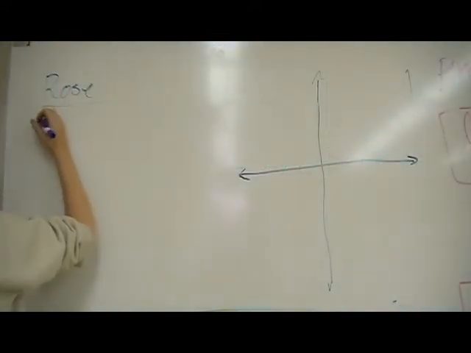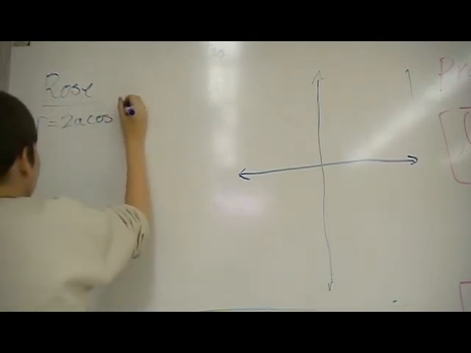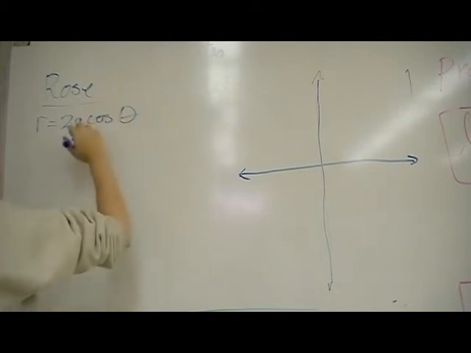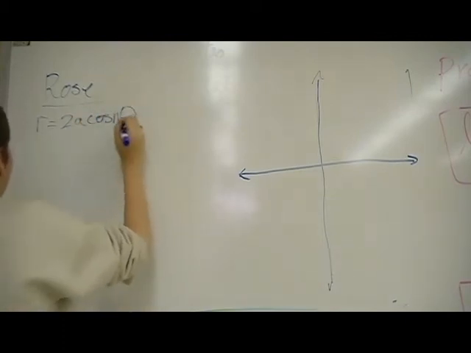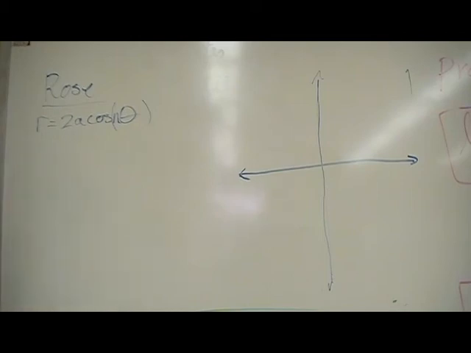Alright, so the rose is represented by the equation r equals 2a cosine of n theta. The n is important because based on the n, it defines the number of leaves that you have on the rose.